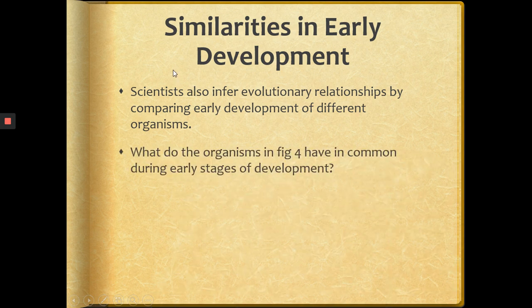The last piece we're going to look at, this is 361. Scientists also infer evolutionary relationships by looking at early development of that organism. 361 has a picture of a chicken, a fish, a turtle, and a pig. If you look at the early stage of development of those 4 organisms, they look very, very similar.